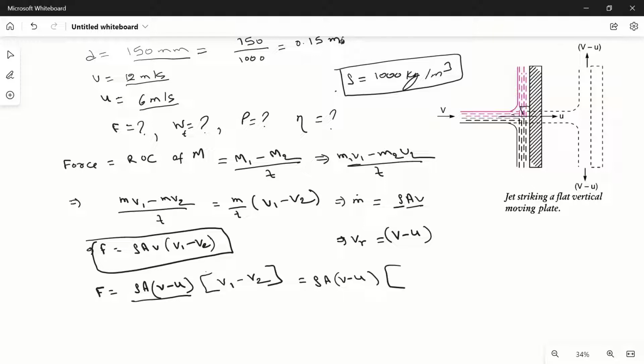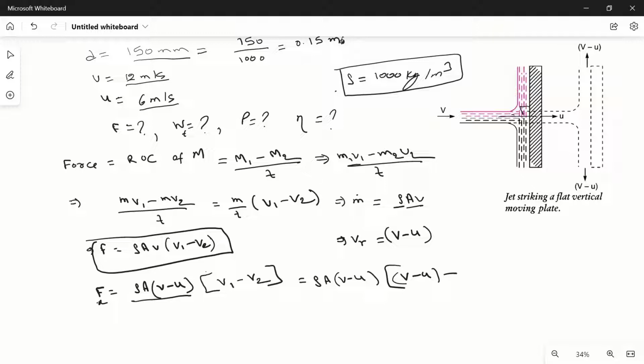And what is v1? v1 is the velocity at inlet. You can see that the velocity at inlet of the plate is the relative velocity, v minus u. And v2 is the velocity of the jet at outlet, but in the same direction. This is in x direction.